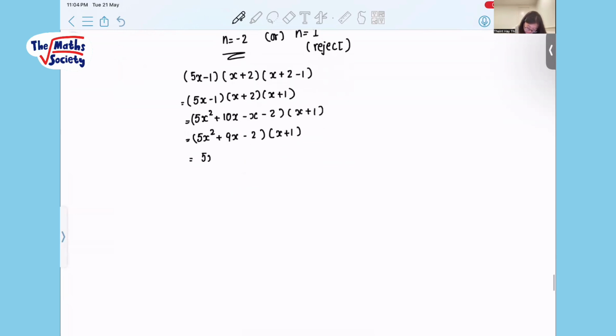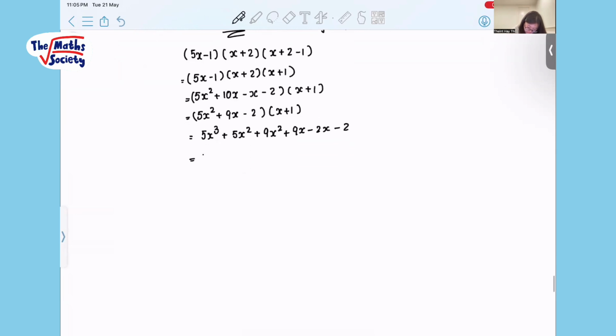So it's going to be 5x cubed plus 5x squared plus 9x squared plus 9x minus 2x minus 2. So it's going to be 5x cubed plus 9 plus 5, so the 14x squared, yeah, plus 7x, minus 2.